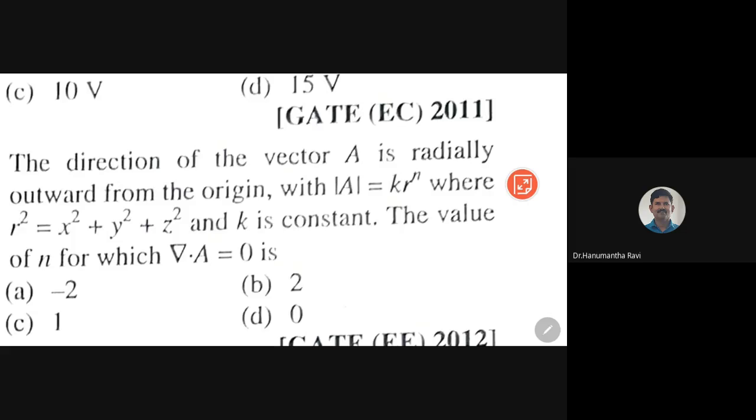The value of n for which del dot a bar is 0. Okay, we will find del dot a bar first and then equate to 0 and find the value of n.